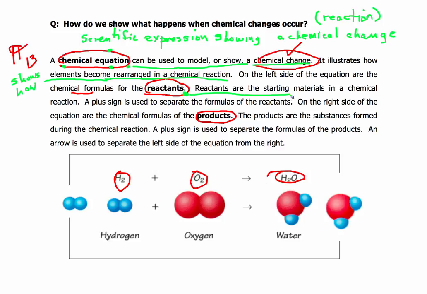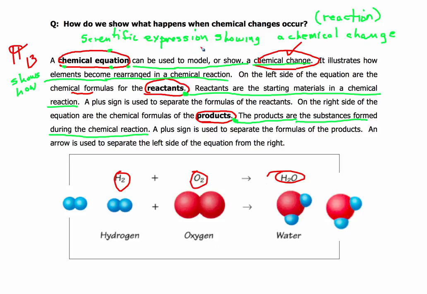Reactants are the starting materials in a chemical reaction. Okay? And then products, what are products? The products are the substances formed during a chemical reaction. So get your blue marking pencil and let's just get a couple of the main ideas.